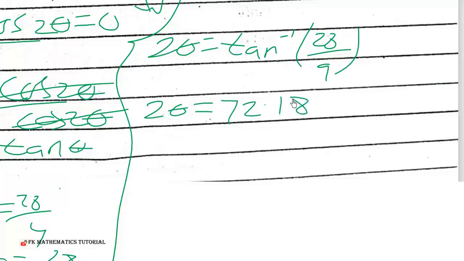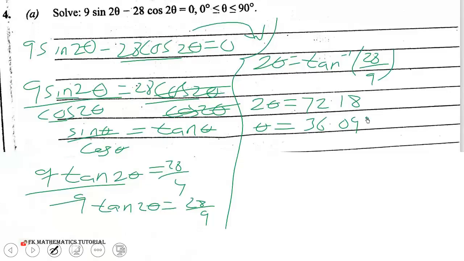So dividing through by 2, we are going to get theta to be equal to 36.09. So since we're in the first quadrant, theta is positive. So this is approximately 36 degrees. I will leave it to 2 decimal places since they need as anything.